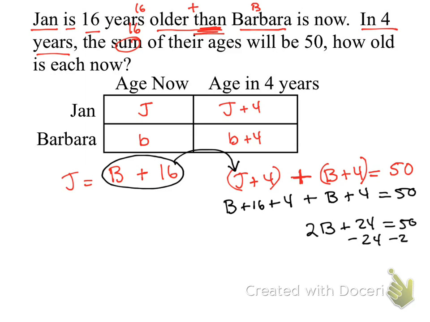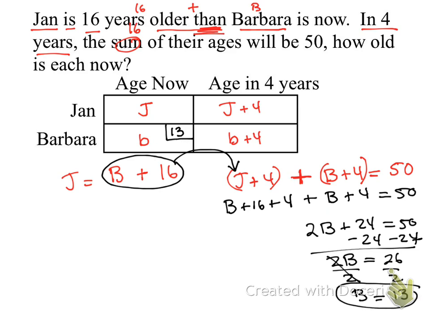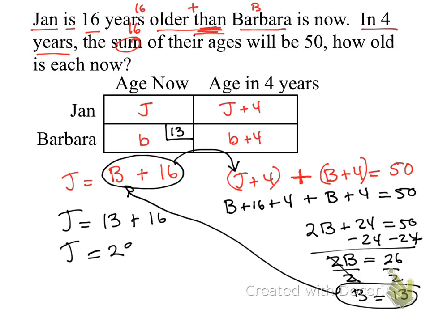Subtract 24, subtract 24. 2B equals 26. Divide by 2. B equals 13. So Barbara is 13 now. Then I can substitute right here: J equals 13 plus 16. J equals 29.